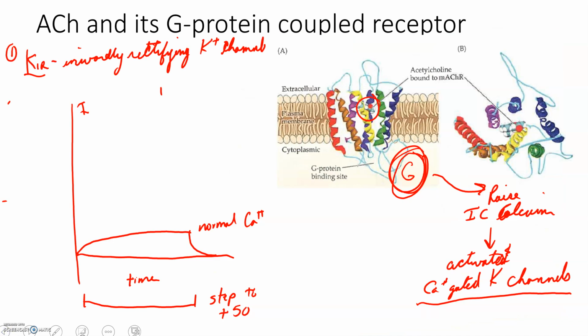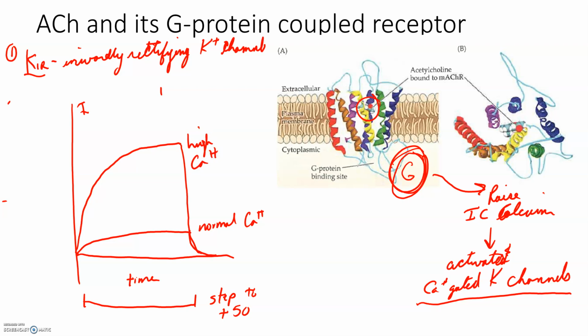Okay, but if we were to take this G protein, activate the G protein coupled acetylcholine receptor, acetylcholine binds here, the G protein becomes active here, allows intracellular calcium to rise. Now, if we give the cell that same voltage step, we get substantially more potassium that leaves the cell. So we would get something that looks like this. So this is high calcium.